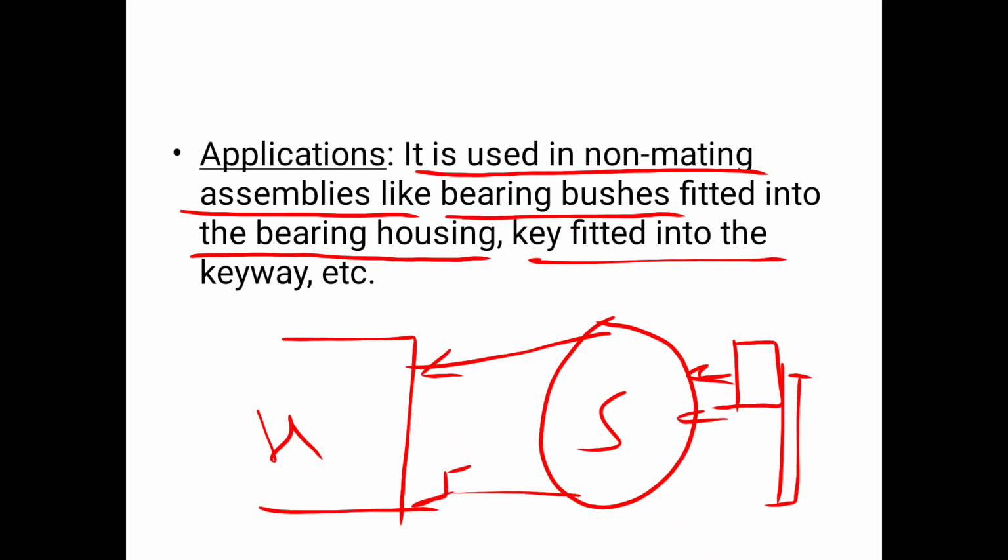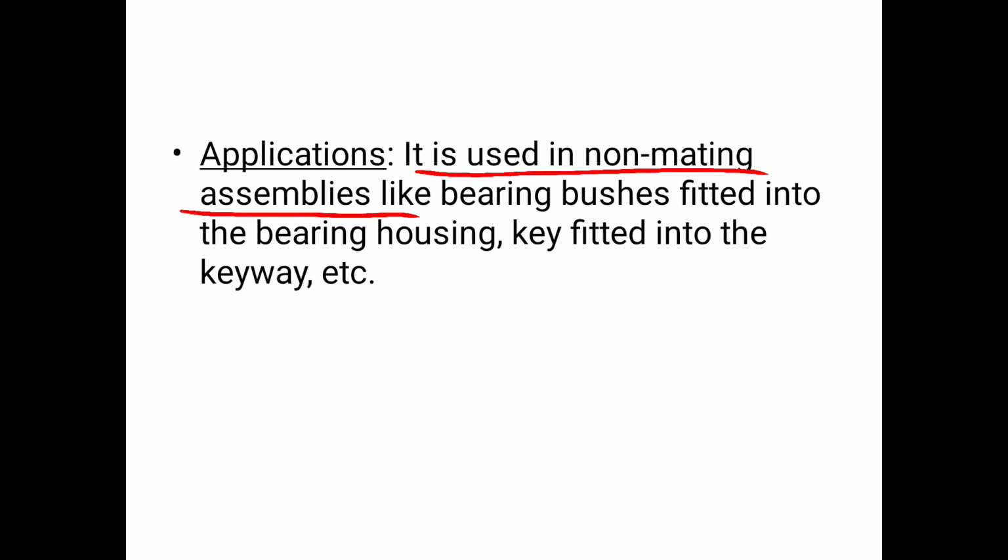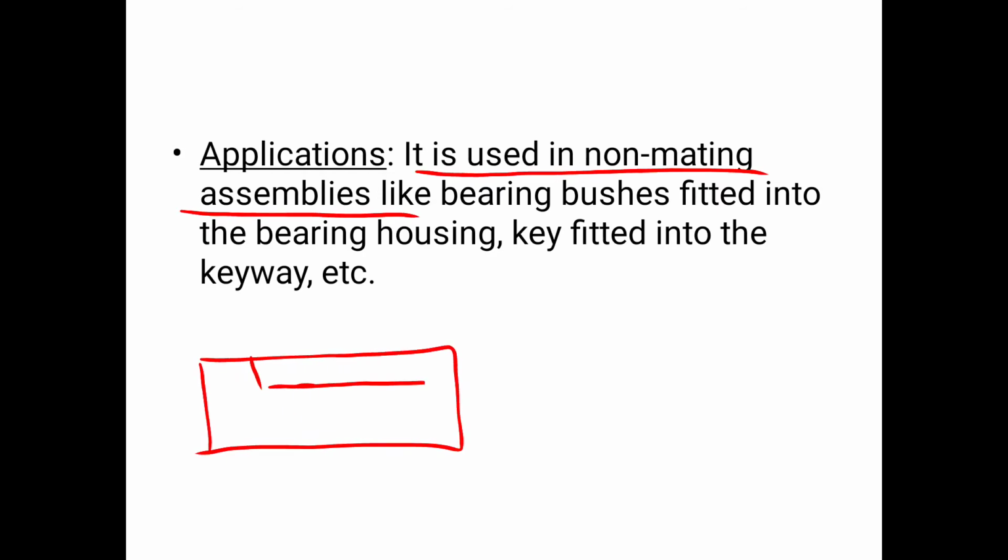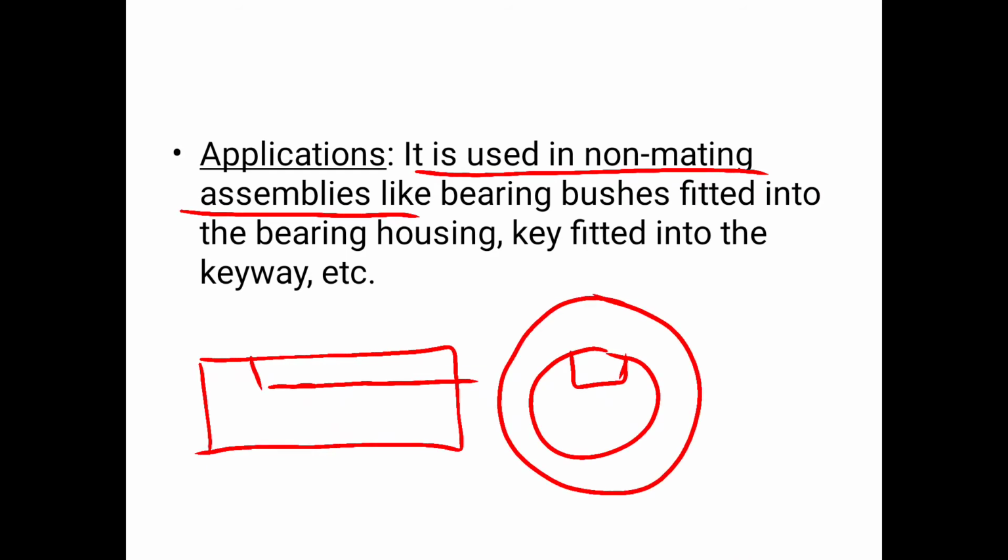Okay, key fitted into the keyways. So we have a shaft like this, and the shaft has a keyway like this. In the side view you will see the keyway like this. If this shaft is fitted onto this circular hole, having this inside diameter and this outside diameter, then there will be a slot in between, and in between this there will be a key.